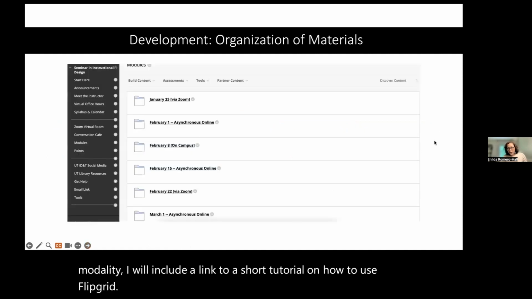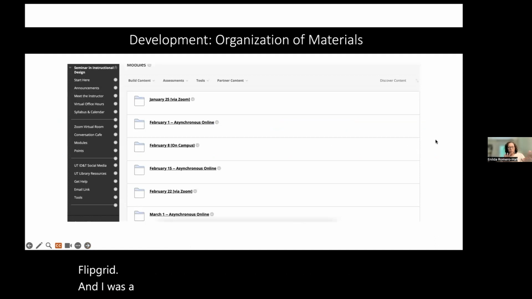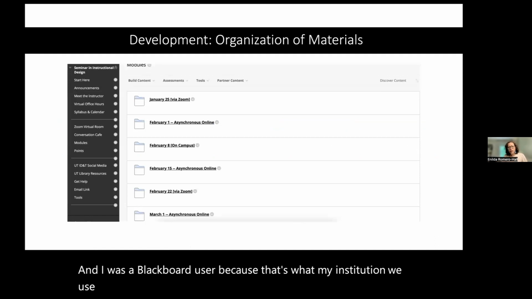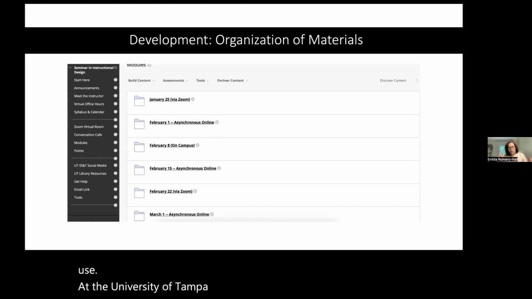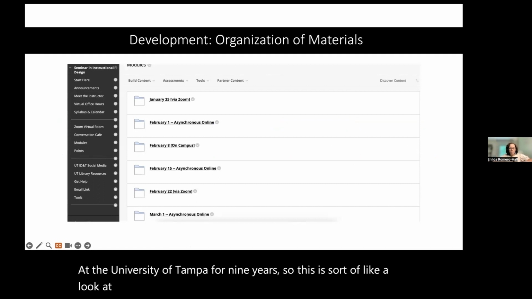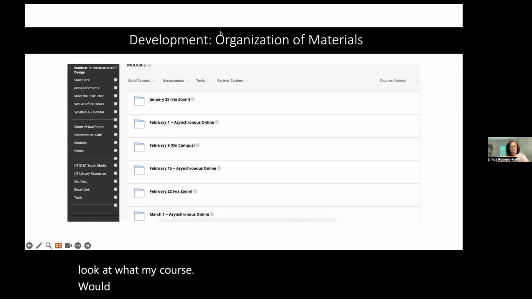And I was a Blackboard user because that's what my institution, the University of Tampa, used for 9 years. So this is sort of a look at what my course would look like. On the side, I really like to take time to organize my menu.